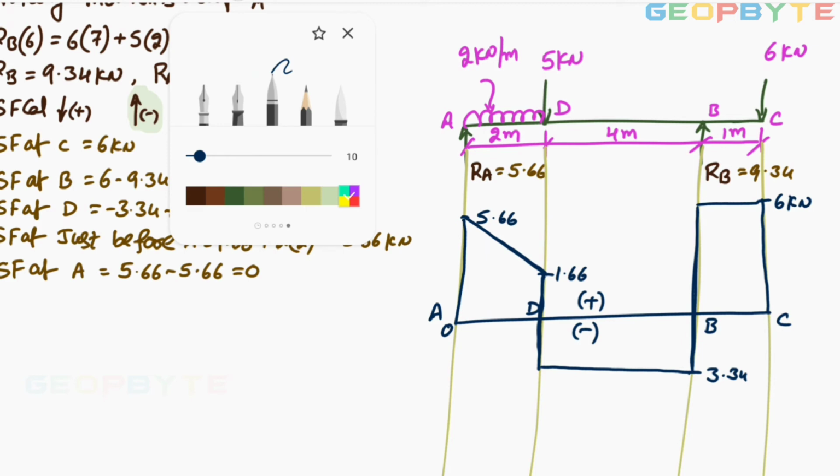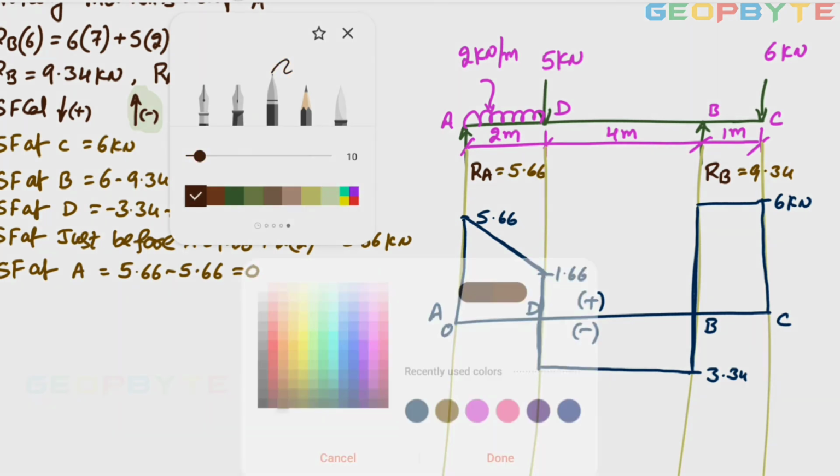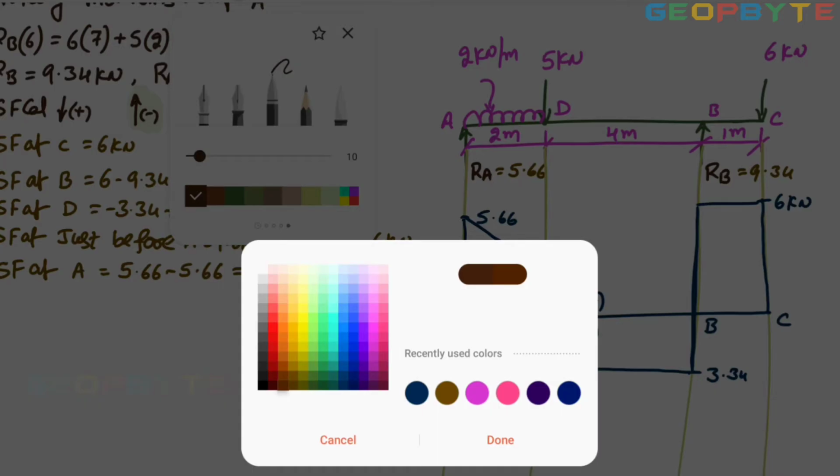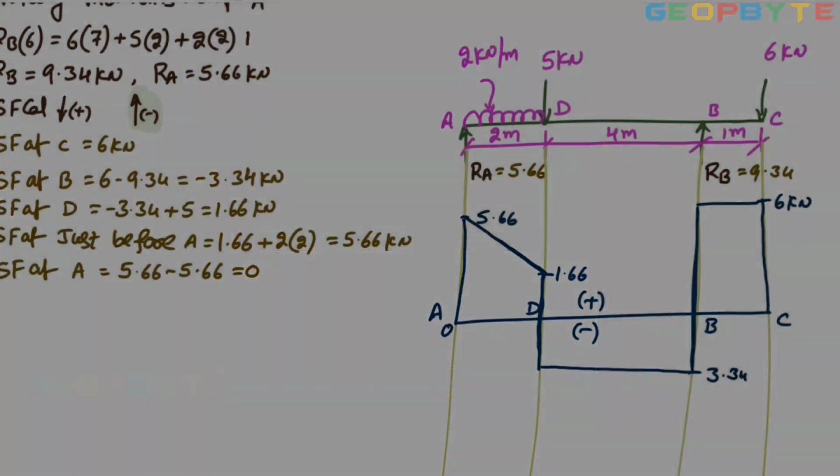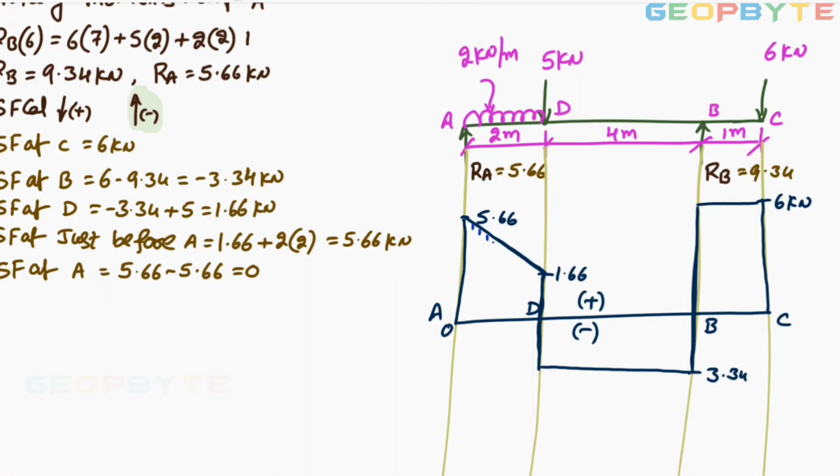Now what you do? Go for the makeup. For makeup, what color we use? Okay, this color let us use. The system becomes slow because more material may be stored. I will remove it.